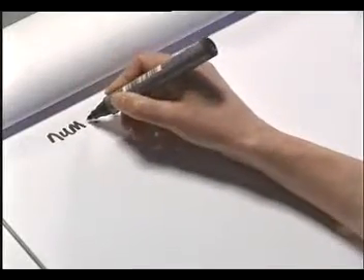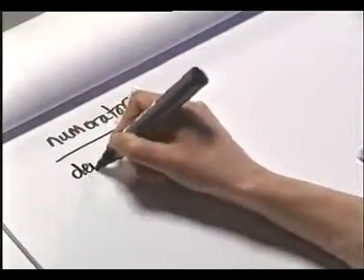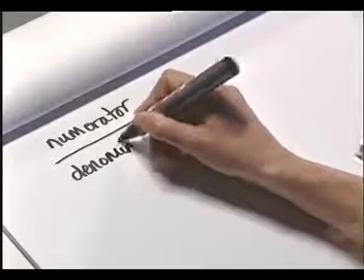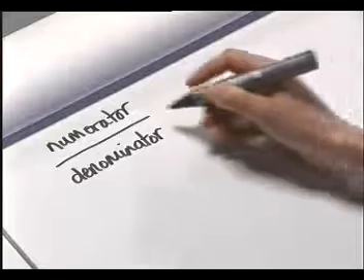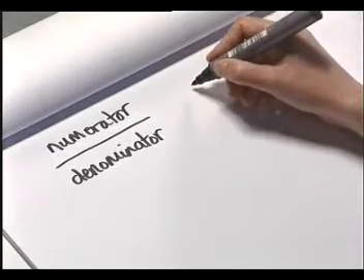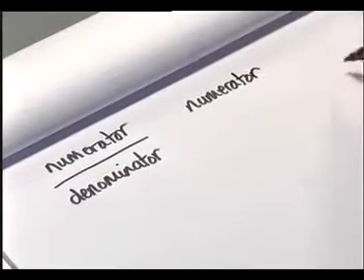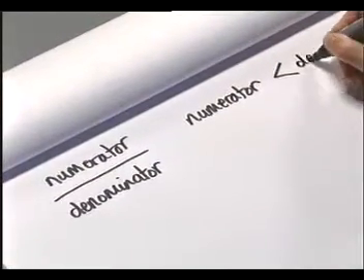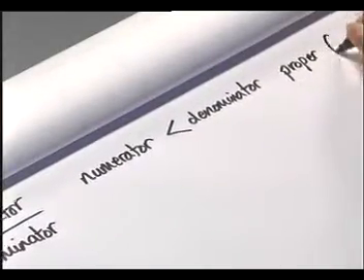Now I'm going to rewrite our mathematical words, numerator divided by denominator, because we're now going to look at fractions where the numerator is smaller than the denominator. And we have a name for these type of fractions, and they're called proper fractions.